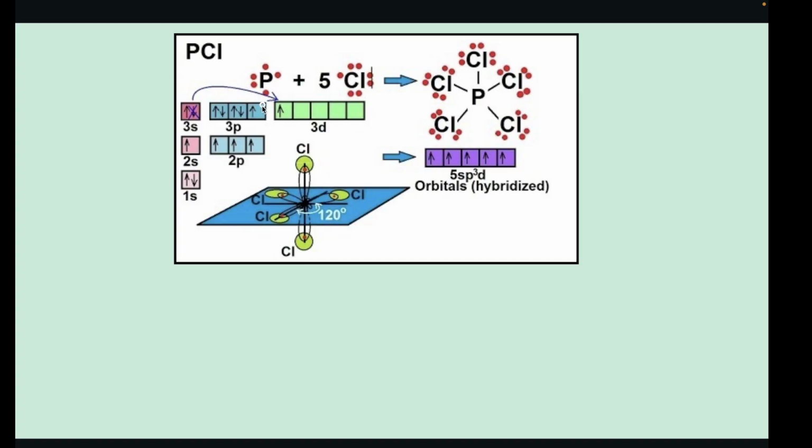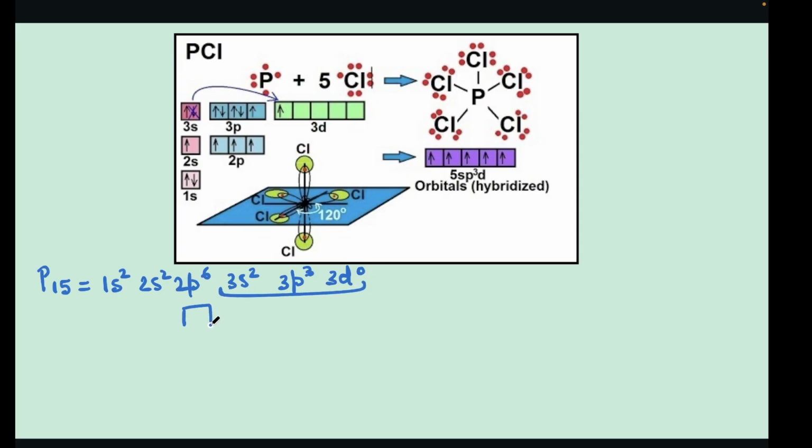In phosphorus pentachloride, phosphorus has atomic number 15, which has electronic configuration like 1s2, 2s2, 2p6, 3s2, 3p3 and 3d0. So valence shell has 5 electrons.